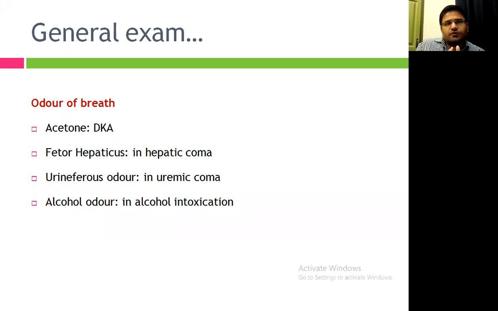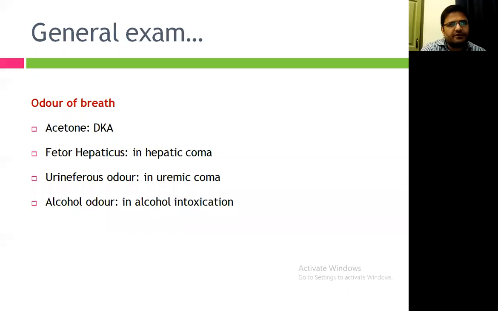Acetone is a pleasant fruity odor, and there is a uriniferous odor in case of uremic coma, and an alcoholic odor in alcoholic intoxication. These are a few peculiar breaths of certain conditions which you usually appreciate in your practice in ERs.